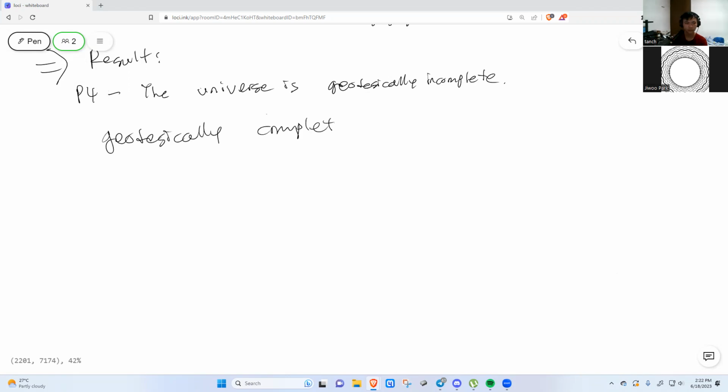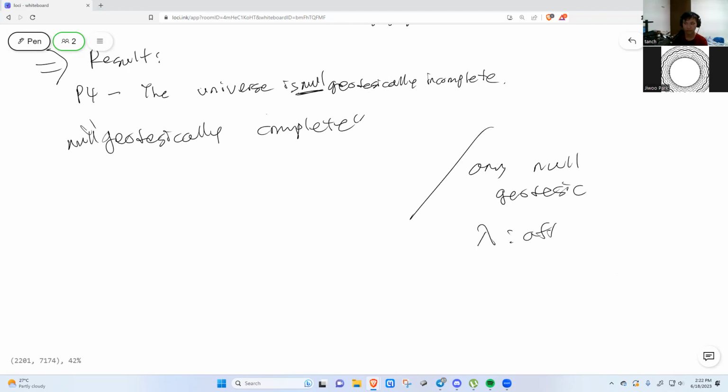By null geodesically complete, I mean that for any null geodesic in some affine parameter, we can continue it from arbitrarily small affine parameter to arbitrarily large affine parameter. So you can continue it from minus infinity affine parameter to infinity affine parameter.